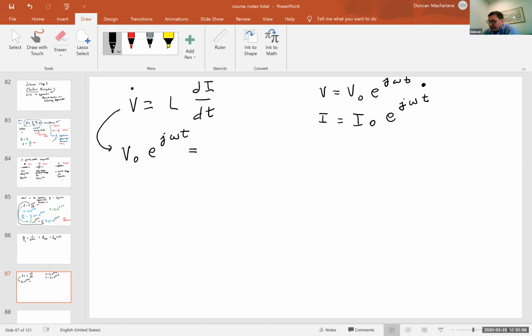The right-hand side has an L in it, and then the derivative of this, and I'll do this out on the side here. I have to take the derivative of the exponent, and the derivative of the exponent gives me back the exponent with this element coming down.